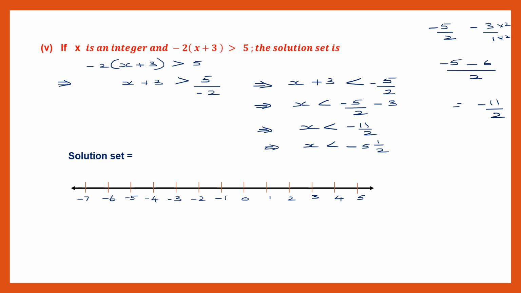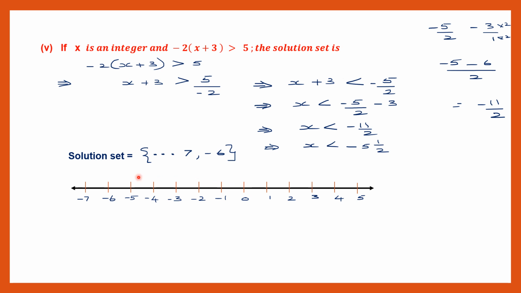Our solution set will be, we have numbers like this. So we put our dots because the numbers are going on like this. So it will be minus 6, minus 7. But here it's all less than minus 5. So we have not included the other numbers. We begin from minus 6 and it goes on and on.